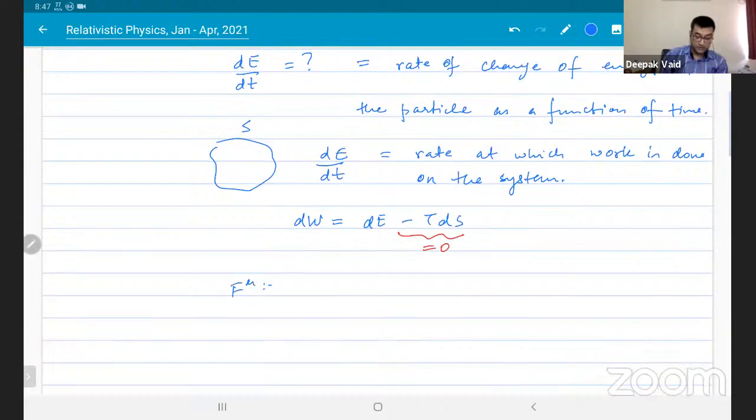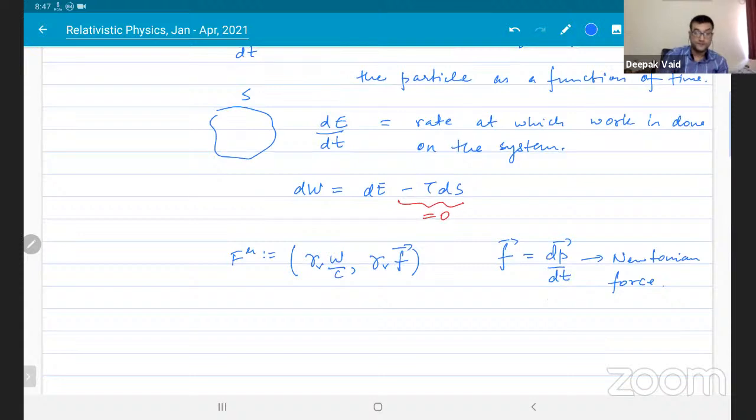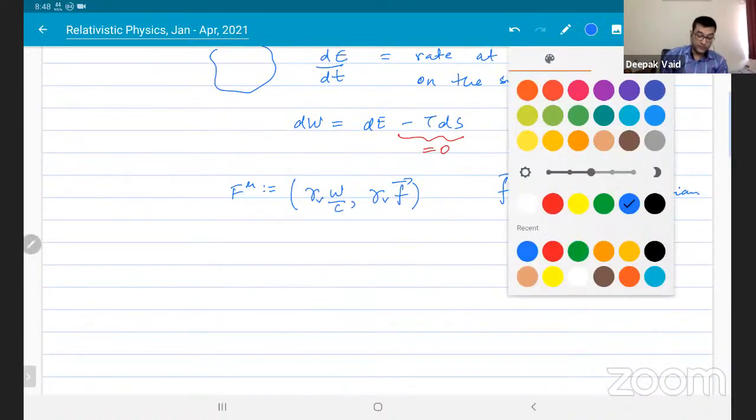So the force 4 vector can be written as gamma V W by C and gamma V times F, which is the Newtonian force. Okay. All right. Now, this is the force 4 vector.